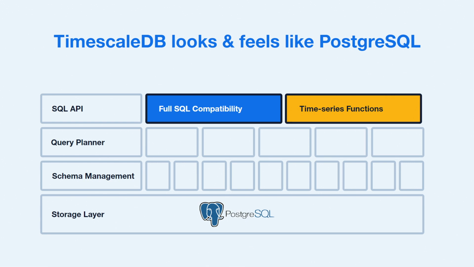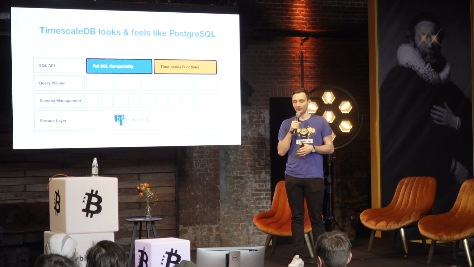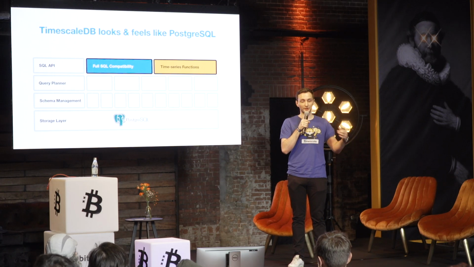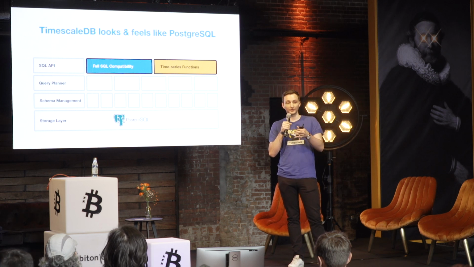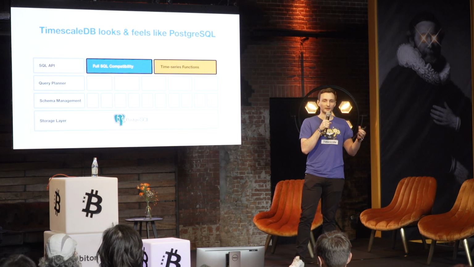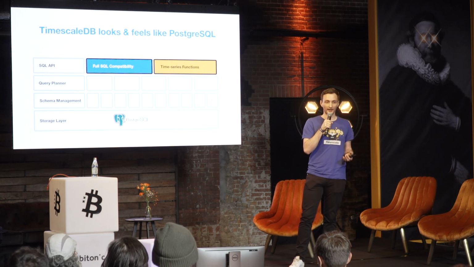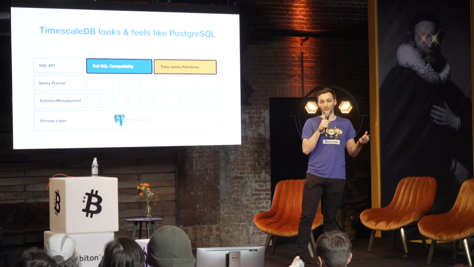And then finally, the SQL layer, the SQL API. We are full SQL, meaning everything that works in a Postgres database will work in TimescaleDB as well. So it doesn't take anything away from Postgres. We just add a lot of new functionality, like time series functions that help you analyze time series data and blockchain data.